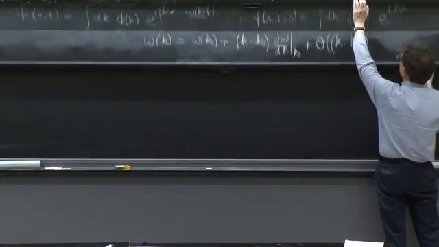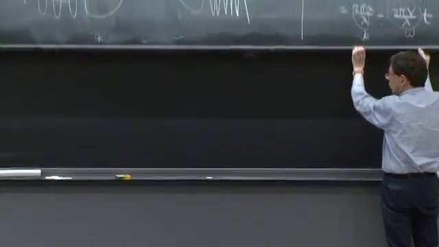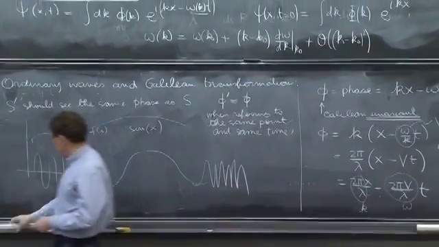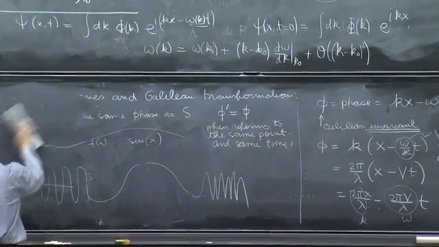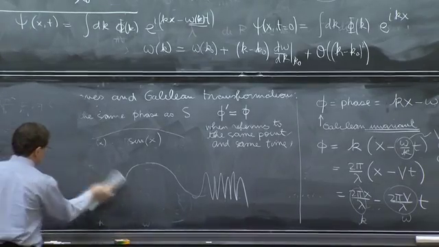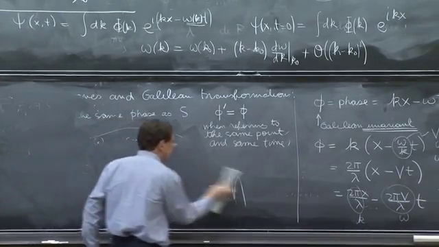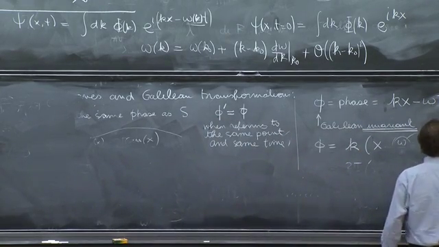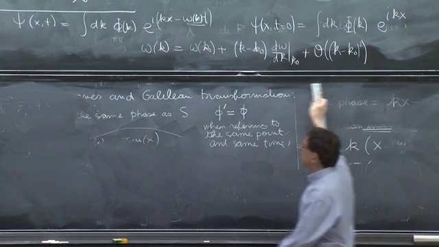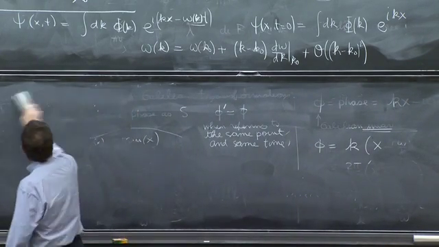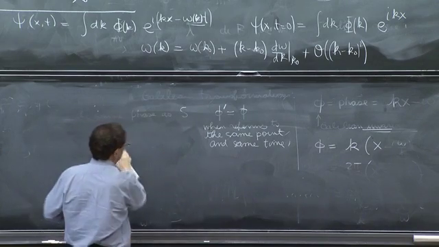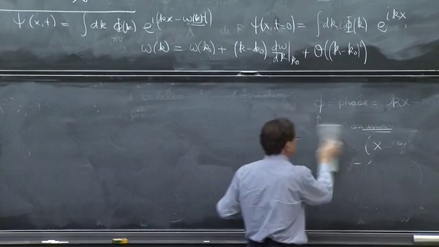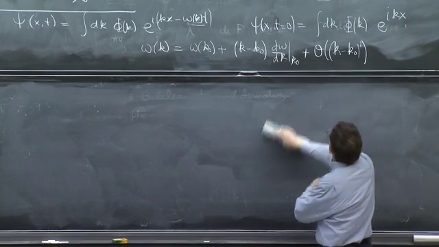So if I've expanded omega as a function of k, which is the only reasonable thing to do, k's near k naught are the only ones that contribute. So omega of k may be an arbitrary function, but it has a Taylor expansion. And certainly you've noticed that you get that derivative that somehow is part of the answer. So that's certainly a bonus.